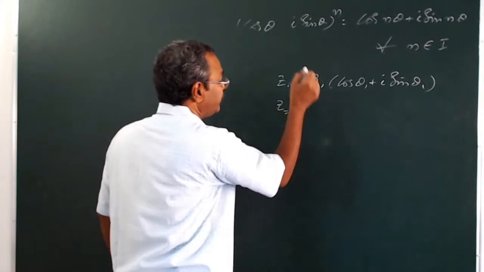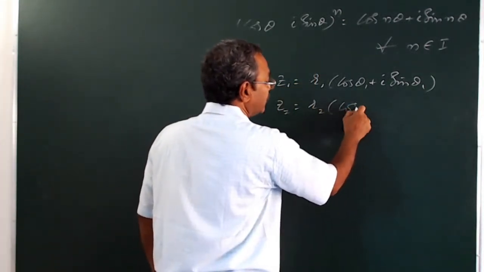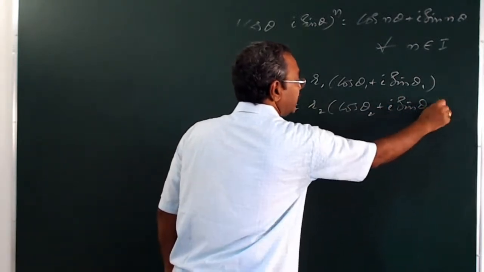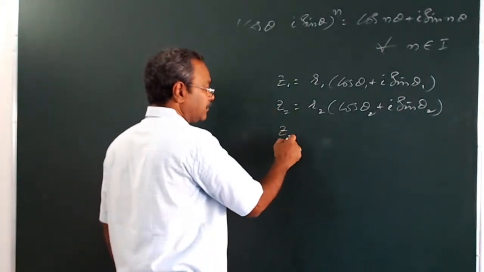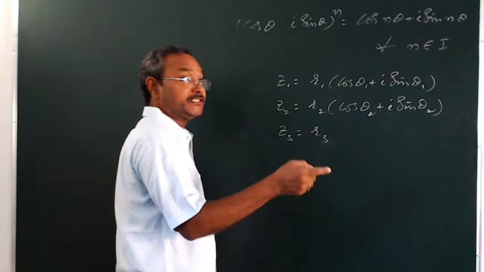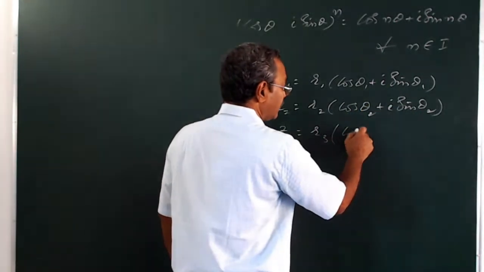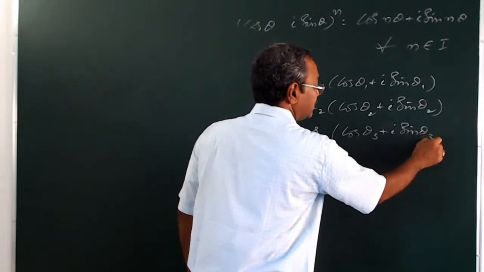And Z2 is another complex number, which is R2 into cos theta 2 plus i sin theta 2. Z3 is another complex number, whose modulus is R3, amplitude is theta 3. So it is R3 into cos theta 3 plus i sin theta 3.